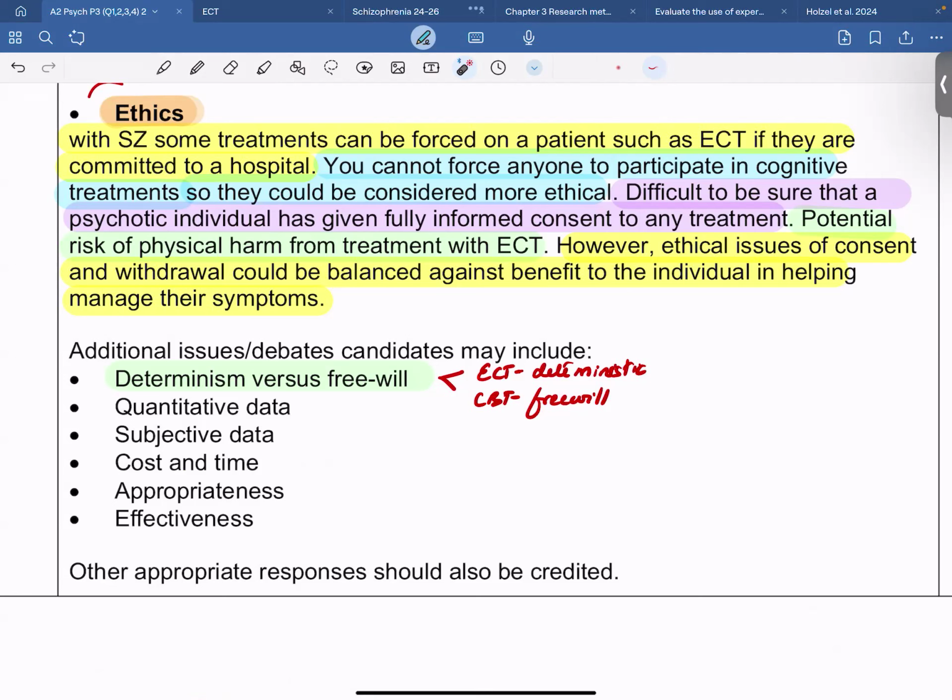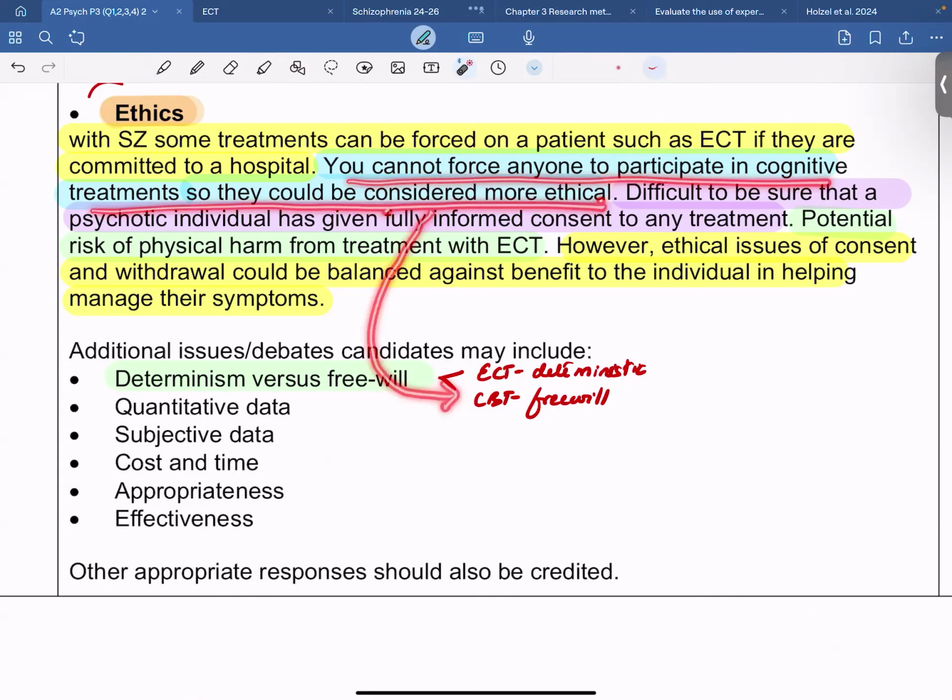You cannot force anyone to participate in cognitive treatment, so it could be considered more ethical. This makes CBT lean more towards the free will side. So CBT's emphasis on free will aligns with modern therapeutic ideals, whereas ECT's deterministic perspective is seen as being more reductionist.